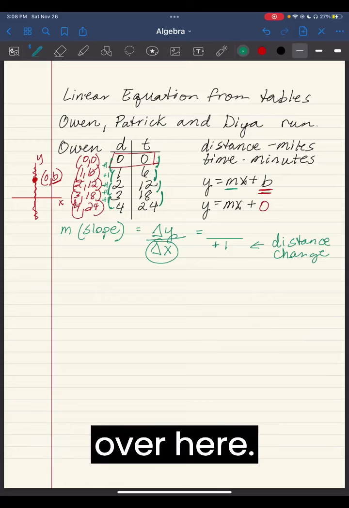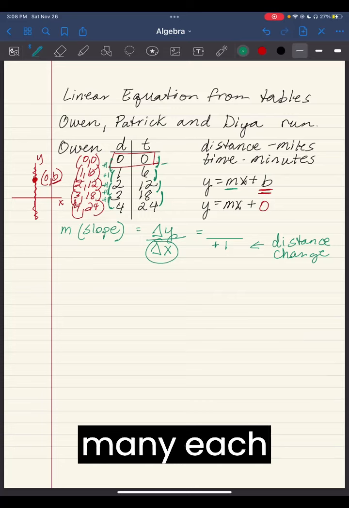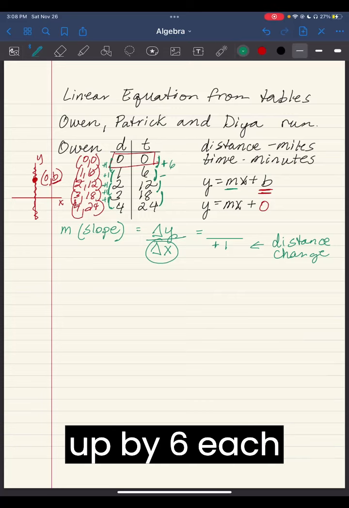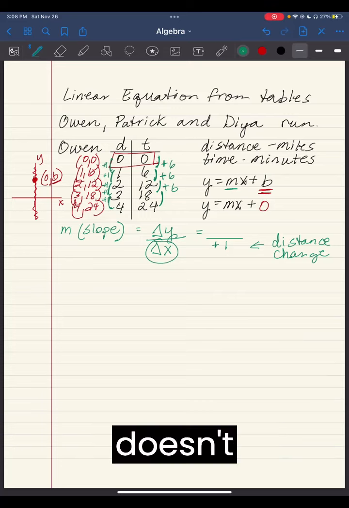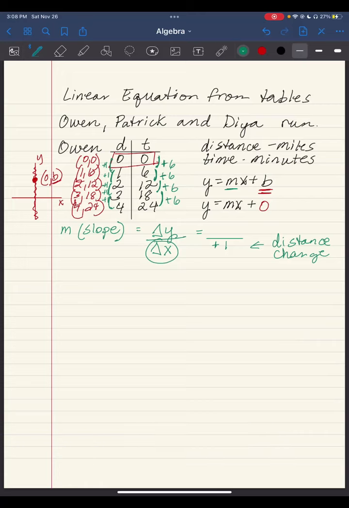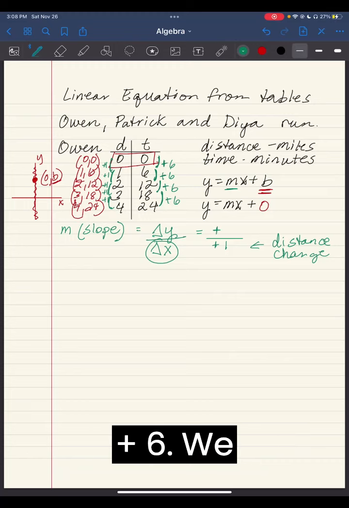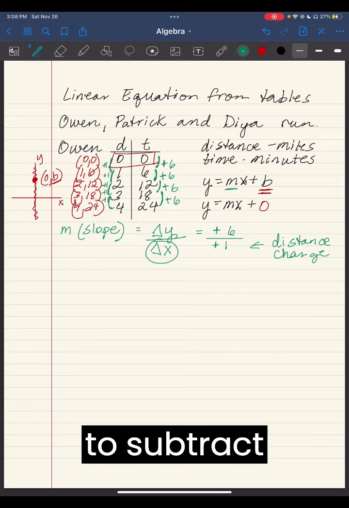Over here, hopefully you can see that we're going up by how many each time? Looks like we're going up by 6 each time. And it doesn't change. It's going up by 6 each time. And the reason is because his speed is constant, right? And so his change in y, or his change in time, is going to be 6 minutes. So this is a plus 6. We didn't even really have to subtract anything.